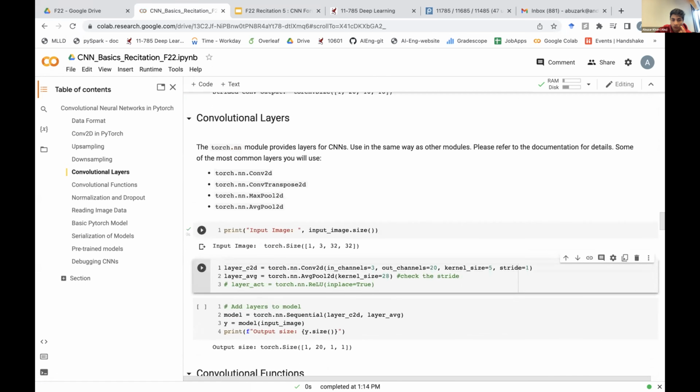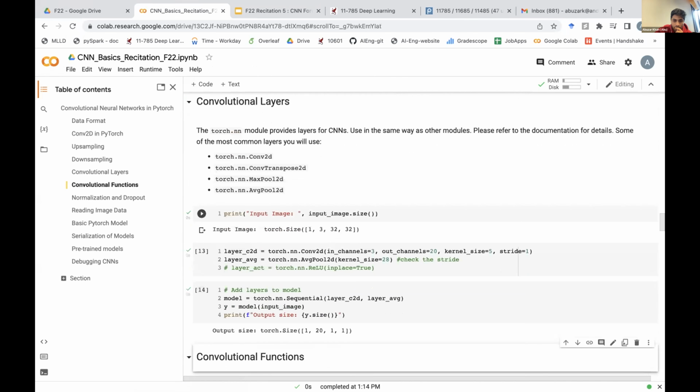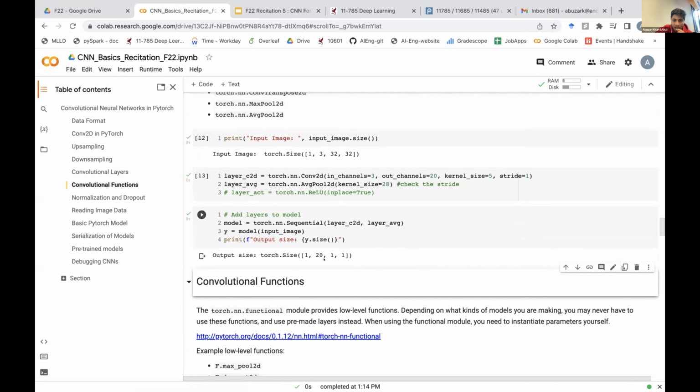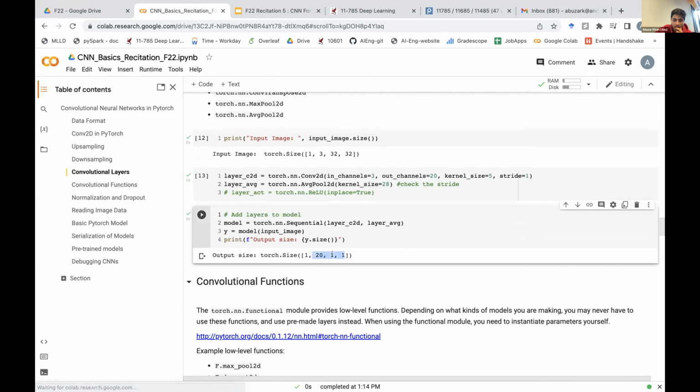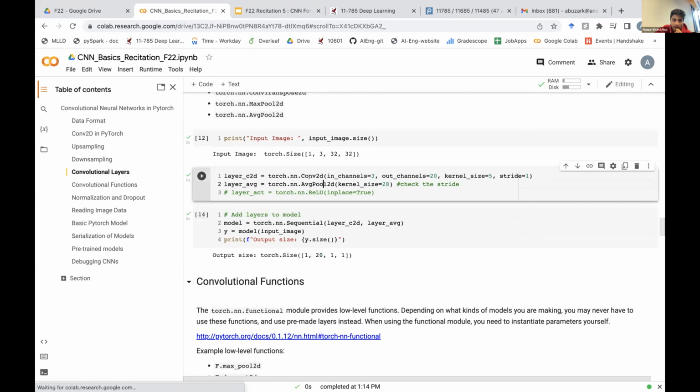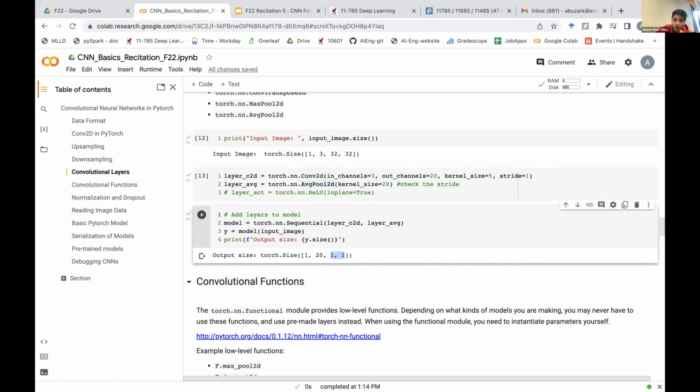Of course, we can play around with convolution layers. What happened here is a little interesting. By using that output size equation, we created a chain of convolution operations, which gave us an output of 1 by 1. If you squeeze this, or essentially remove these dimensions, it will become a one-dimensional vector of 20 feature values.